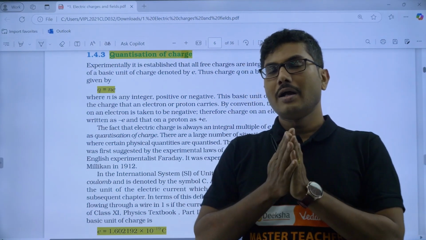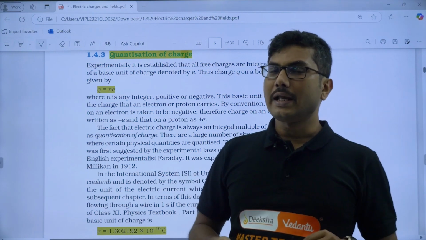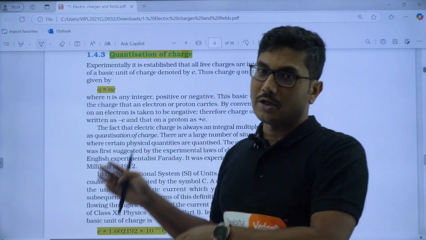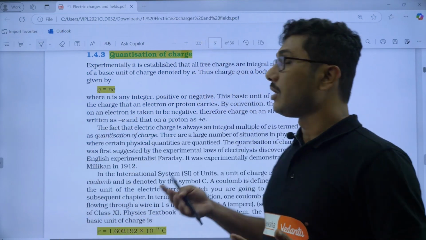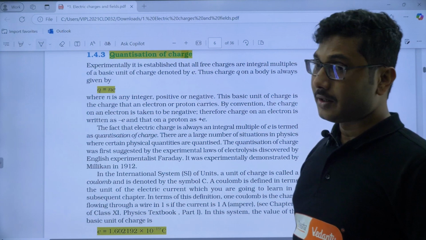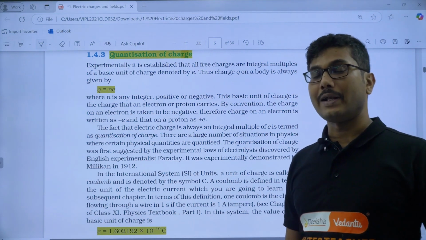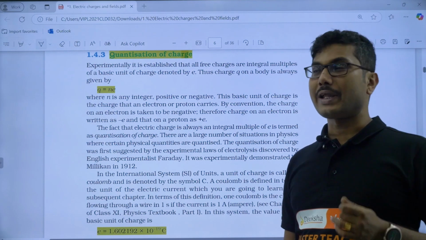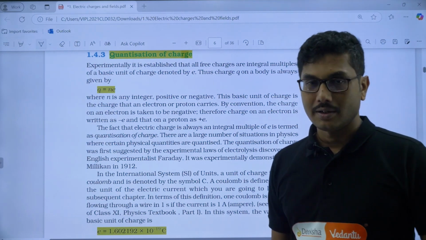You cannot take half of it, or one and a half of it, you have to take either 1 or 2. Similar to a milk packet: you have to buy the full packet, or 2 packets, or 3 or 4 packets. You cannot say, I want to buy half of this packet, right?